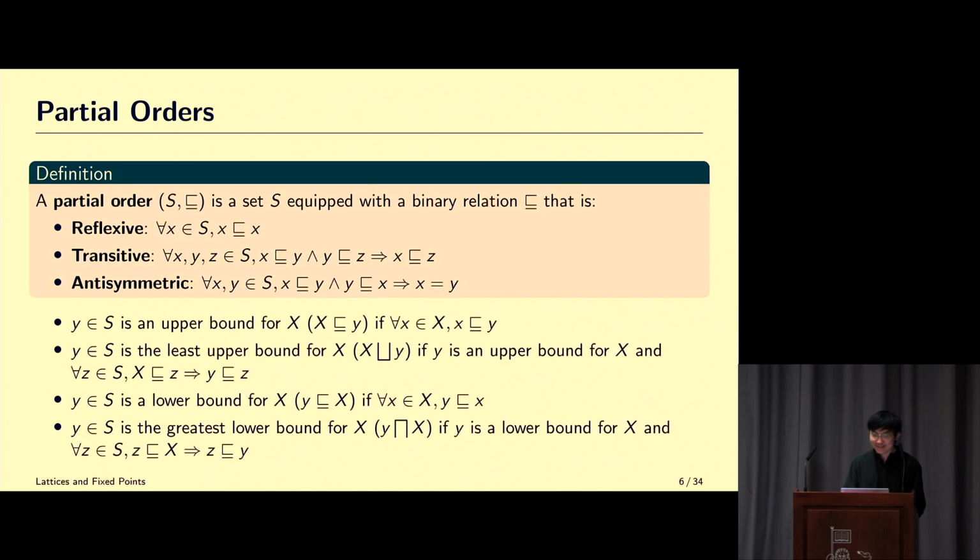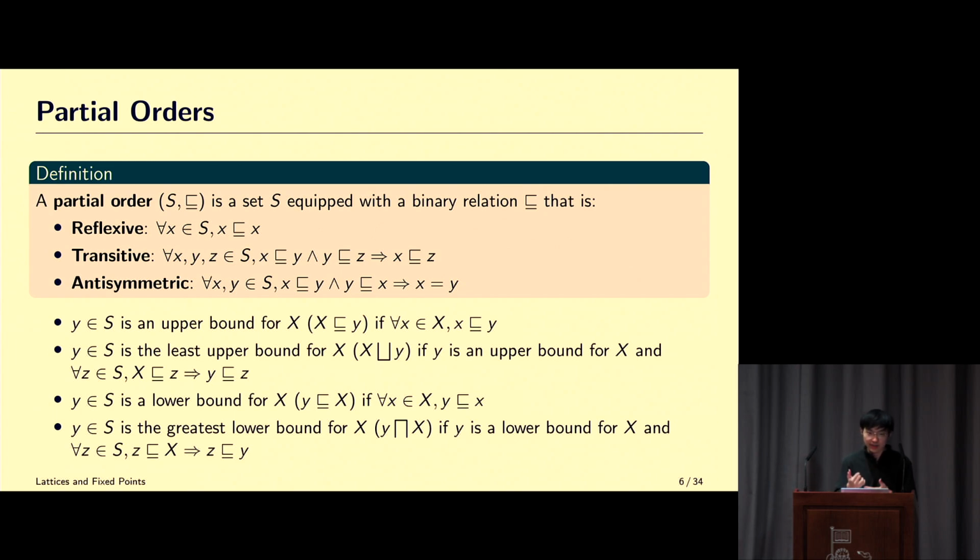Before we get into that, here's some revision of discrete maths. A partial order is a binary relation that is reflexive, transitive, and anti-symmetric. There are some definitions here, but it's in general pretty intuitive. This binary relation is arbitrary; it depends on how you define it.